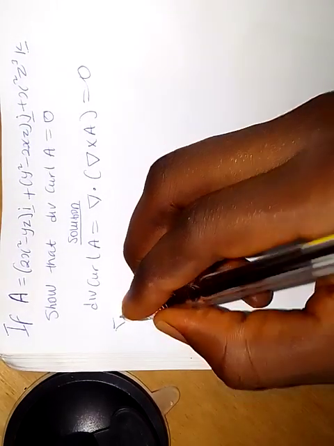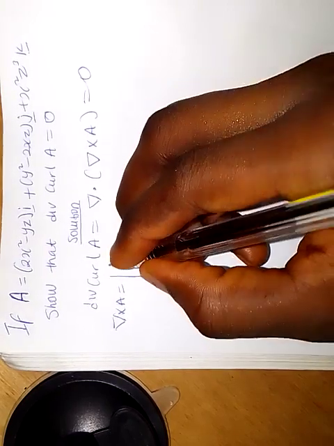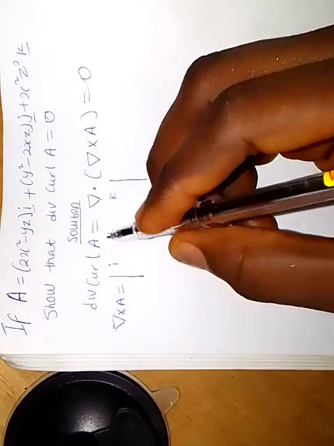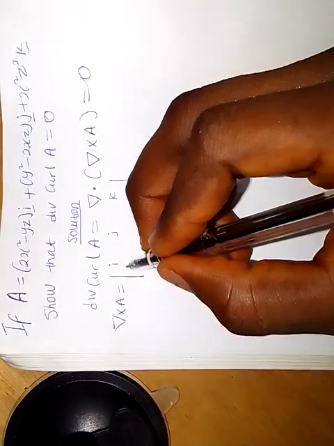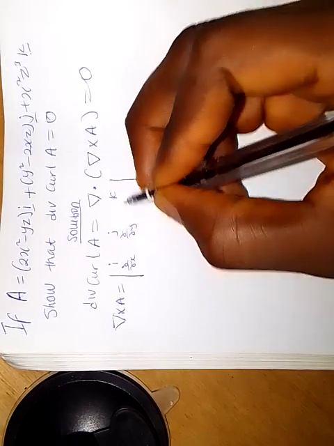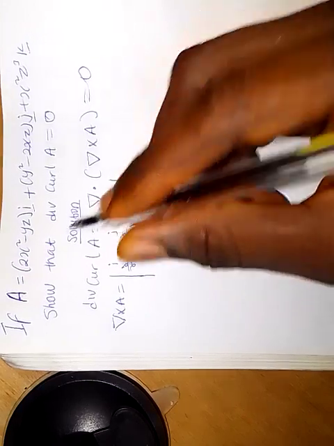So the curl of A can be written in matrix form. We have i, j, k, then partial x, partial y, partial z, and our A components.